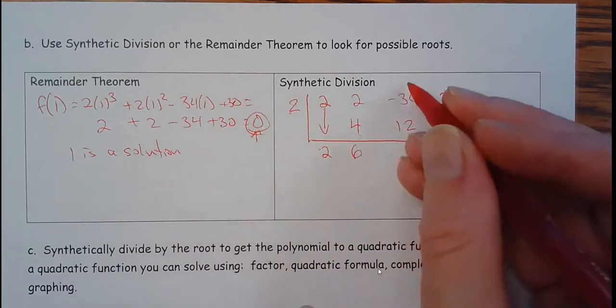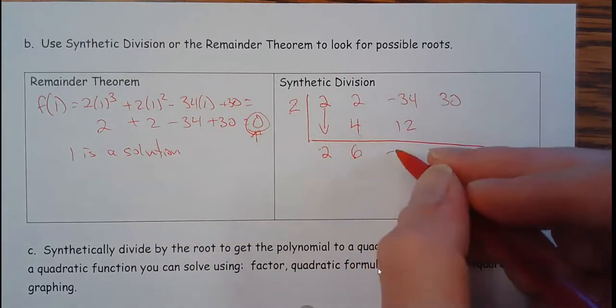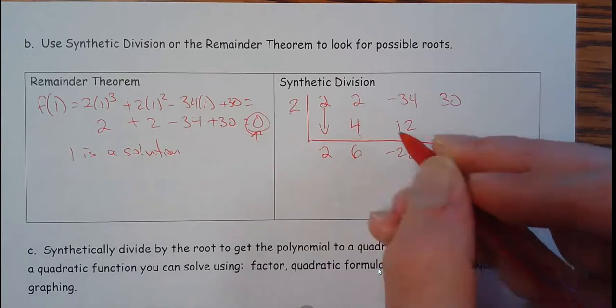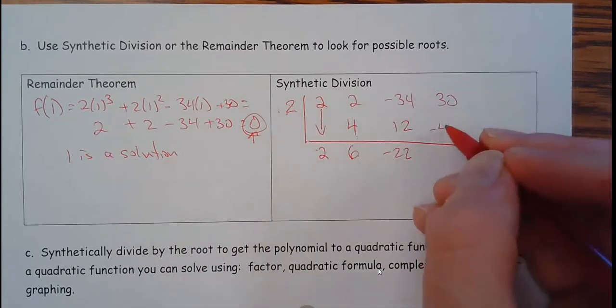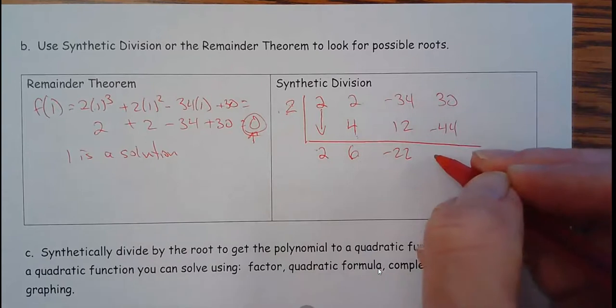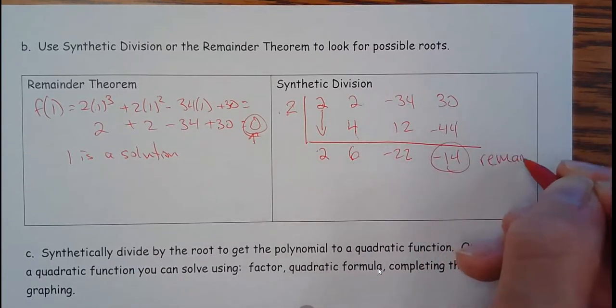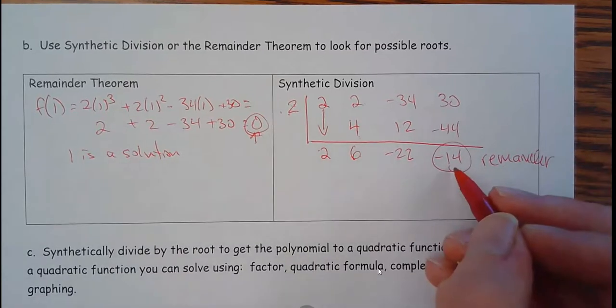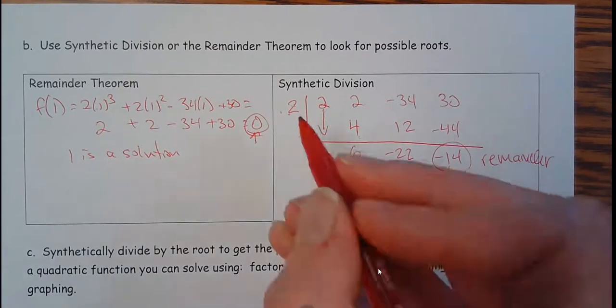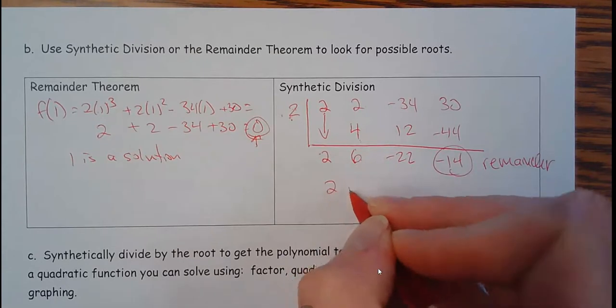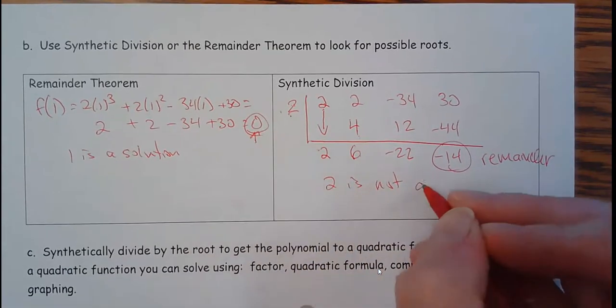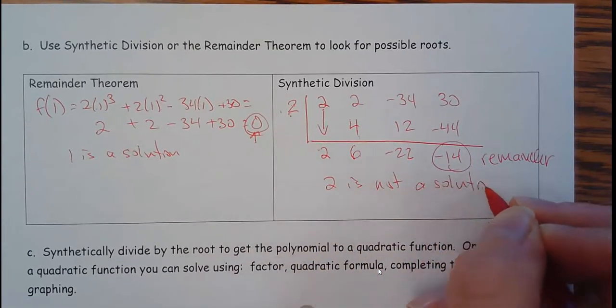Add straight down, this would be negative 22. Multiply by 2, negative 44. Add straight down, negative 14. Now this number right here is a remainder. If it's not 0, that means 2 is not a root. So 2 is not a solution.